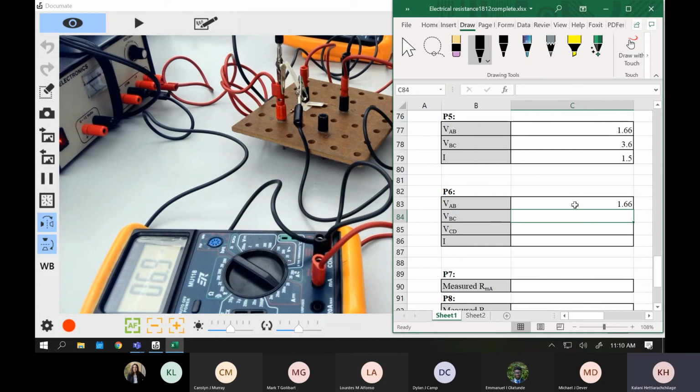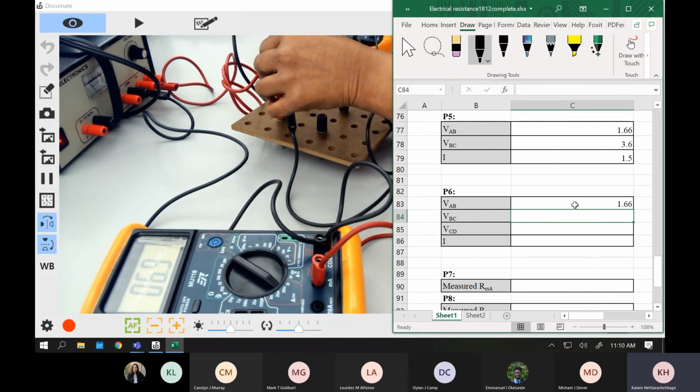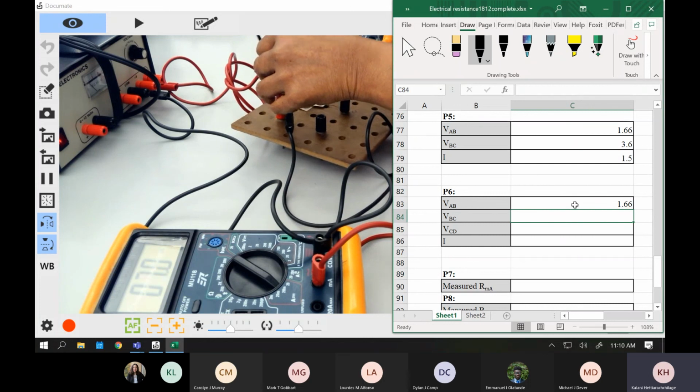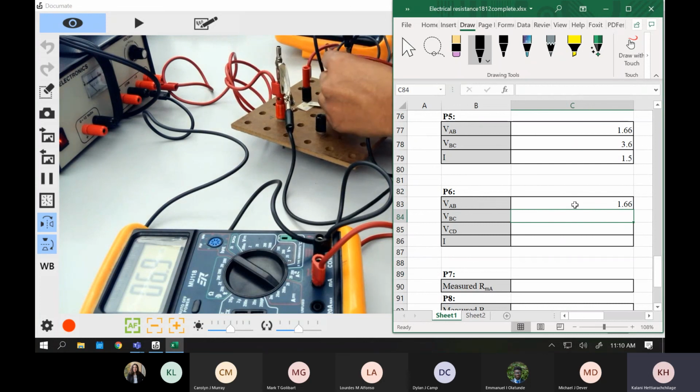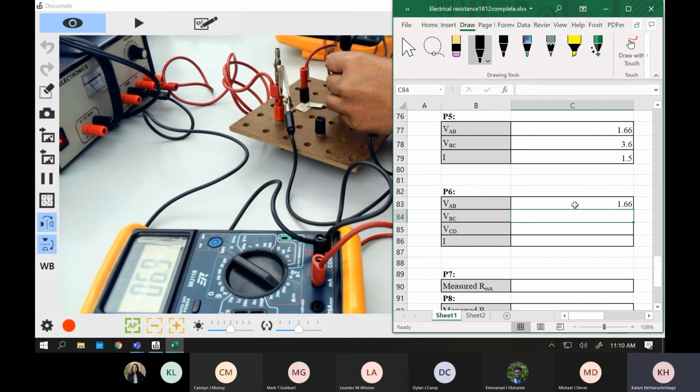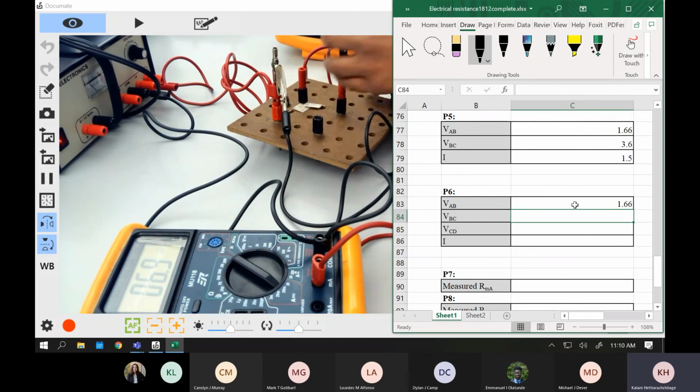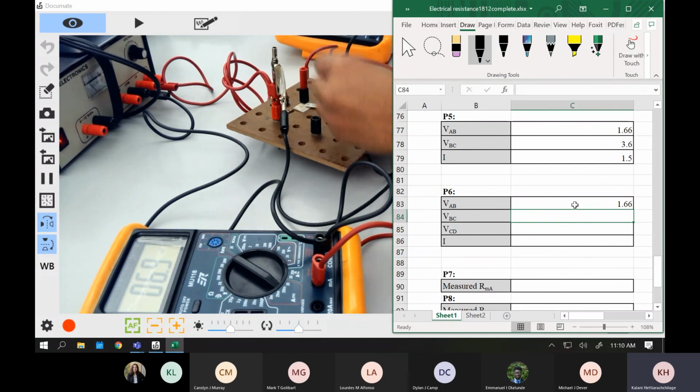And now we need to measure in between B and C. So you take the black wire, connect it to the top of A and take that into C. Basically your voltmeter's two ends should be on the middle one and the black one.